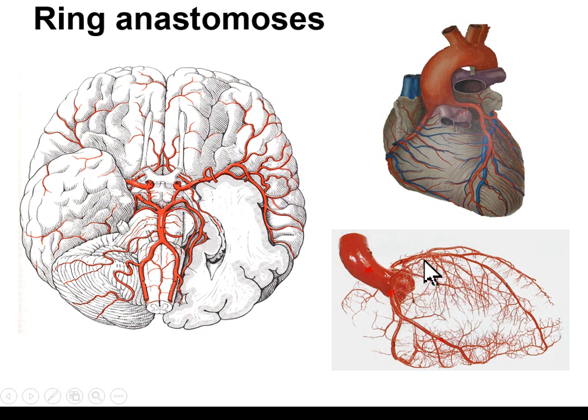These arteries anastomose on the apex of the heart and form the longitudinal ring. Along the coronary sinus, they form a transverse ring anastomosis. Ring-shaped anastomosis.